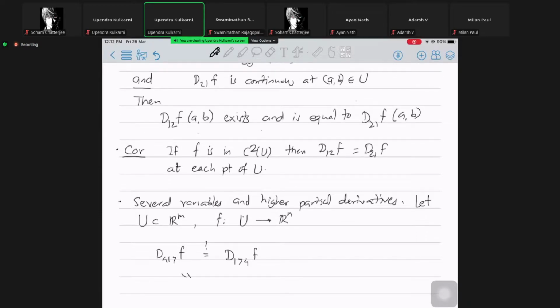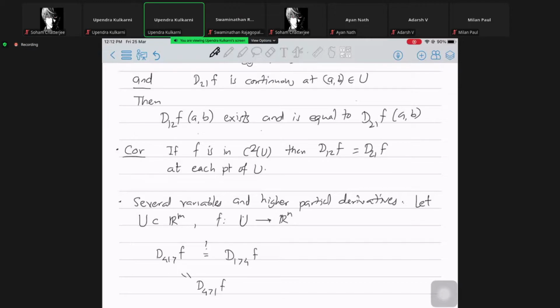This is just rough work, all right? So D47 of it, at some fixed point. If I want to do this, then what is the minimal hypothesis that I need to have? We need the third partial derivative to exist, and also that f is in C^2.